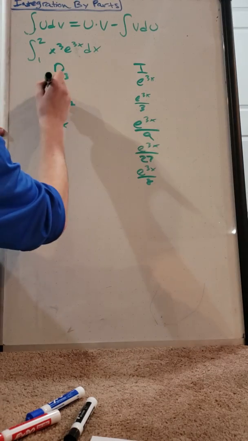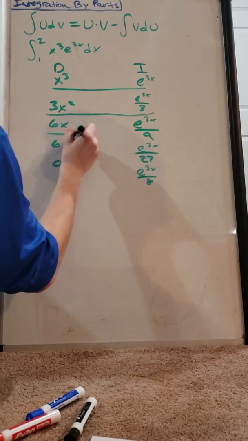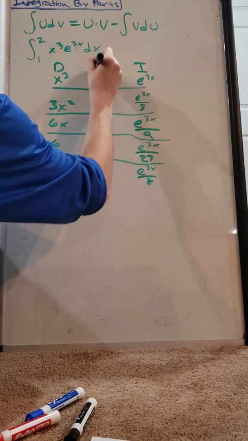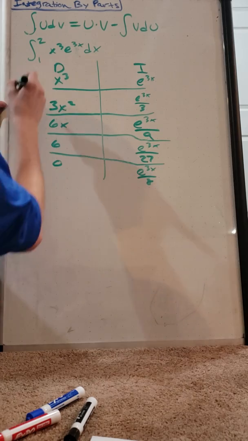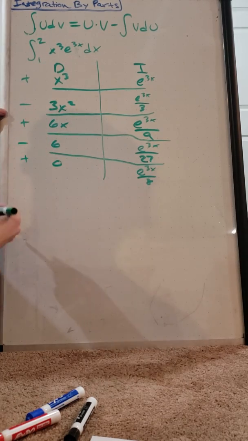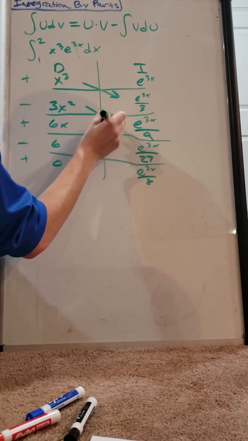I'm going to make this a table so it's easier to see. This is plus, minus, plus, minus, plus, because you just alternate, and then multiply diagonally.